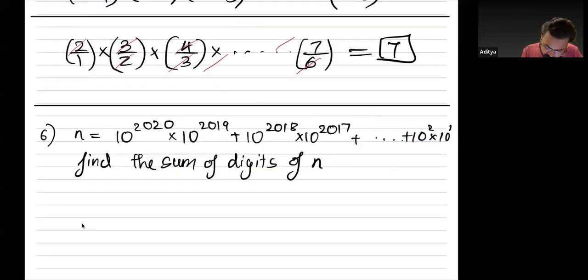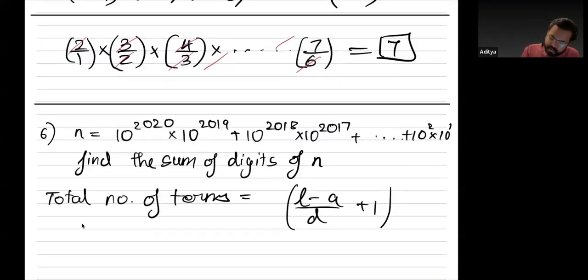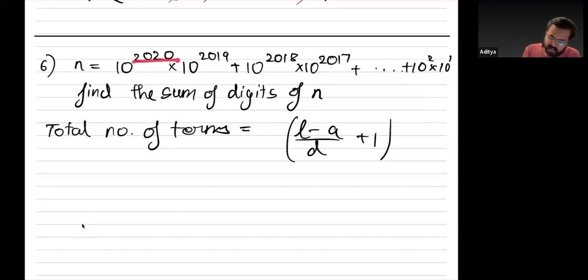So we see the total number of terms. If you want to go algorithmically using a formula, it's the last term minus first term upon the common difference, plus 1. Okay. But it's easy to actually just use intuition over here.